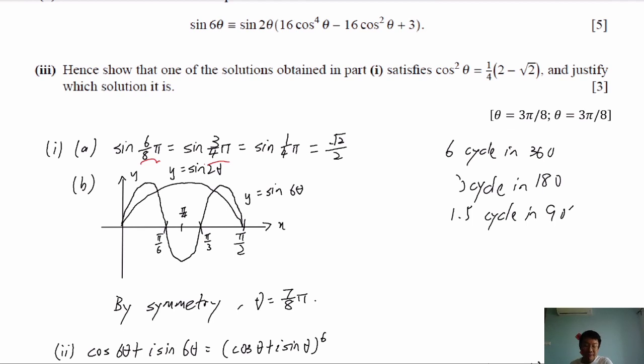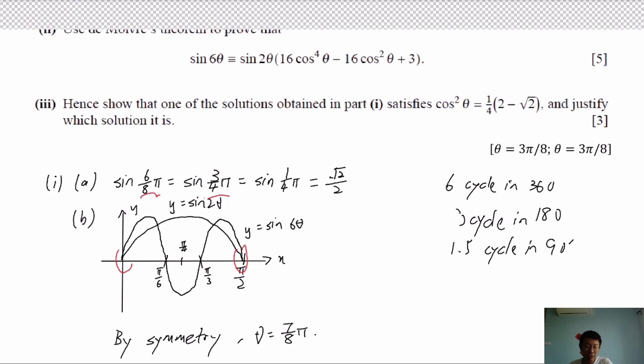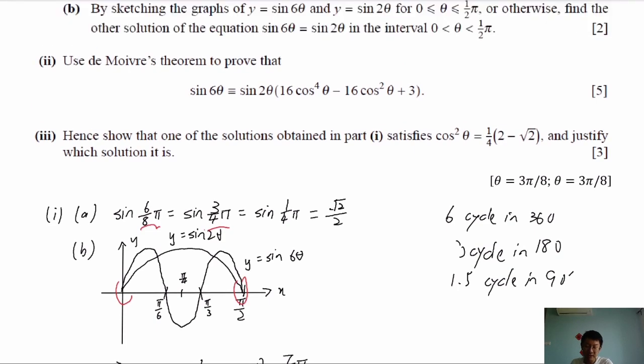So what we actually see from there is we have different intersections. We have intersections at 0 and pi/2. This is of course something that we know, and the question does not want it, because you see there is no equal sign there, so they don't want the intersection at 0 and half pi. So we actually have another value from there.